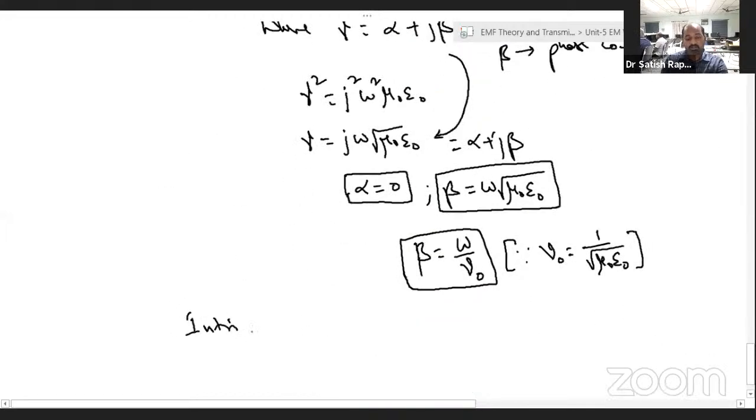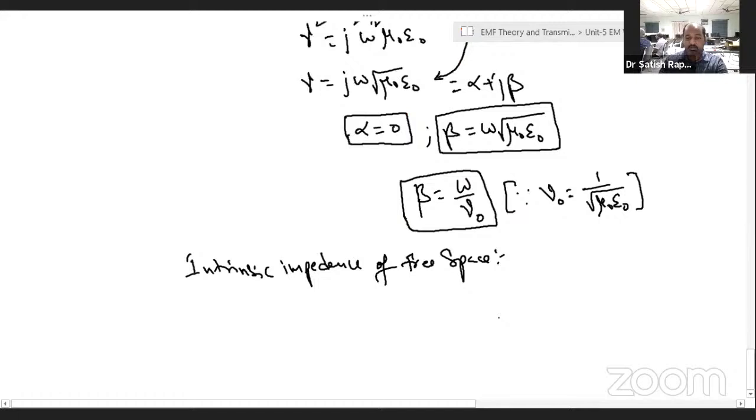I will derive the equation later, but for the time being just remember eta naught is the intrinsic impedance, which is the ratio between E and H, electric field and magnetic field.